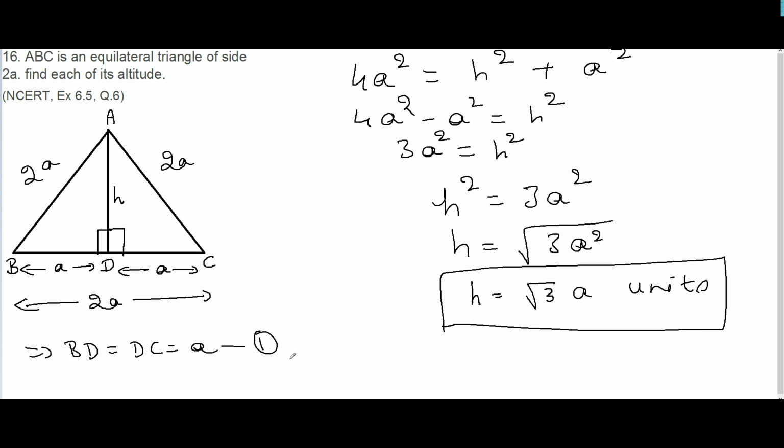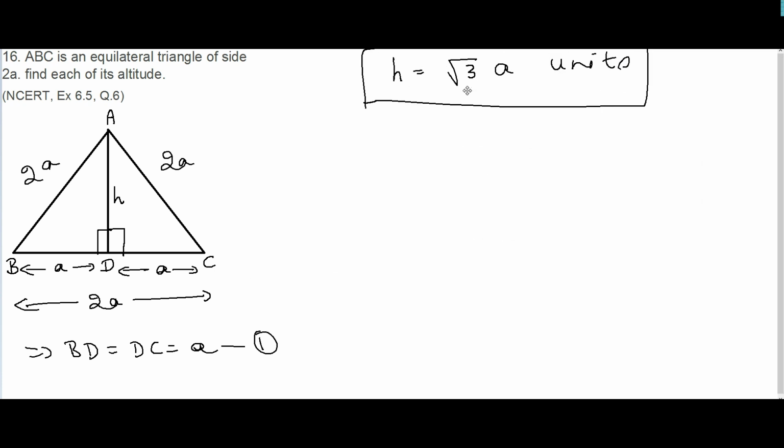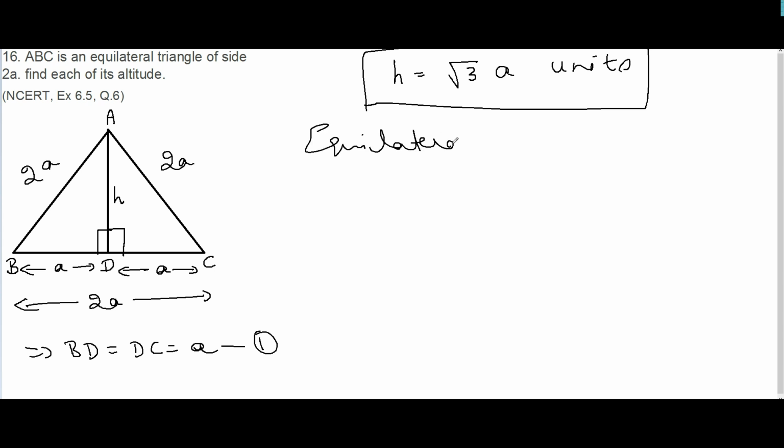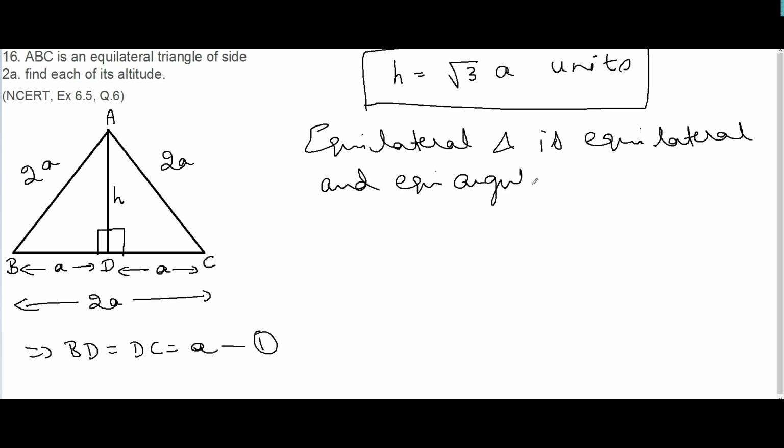You can also write: equilateral triangle is equilateral, that means all sides equal, and equiangular, therefore all the sides have the same altitude.